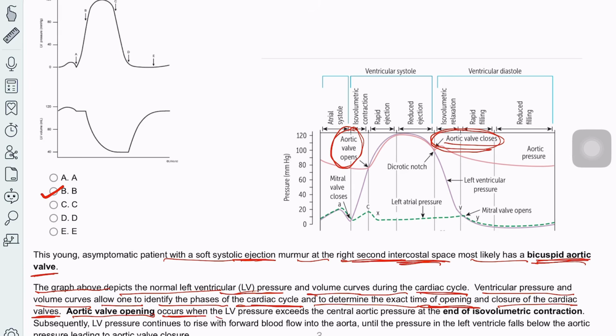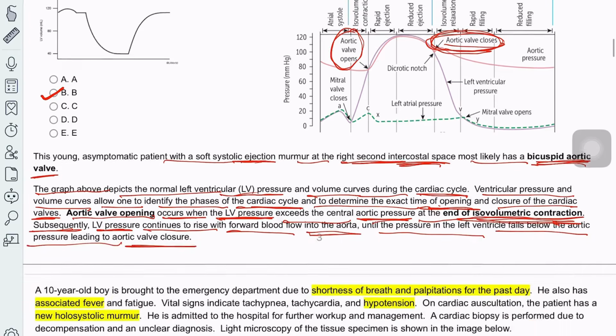Aortic valve opening occurs when the left ventricular pressure exceeds the central aortic pressure at the end of isovolumetric contraction. Subsequently, left ventricular pressure continues to rise with forward blood flow into the aorta until the pressure in the left ventricle falls below the aortic pressure, leading to aortic valve closure. So aortic valve closes when the pressure in ventricle falls below the pressure in aorta and opens when the pressure in ventricle exceeds the pressure in aorta.